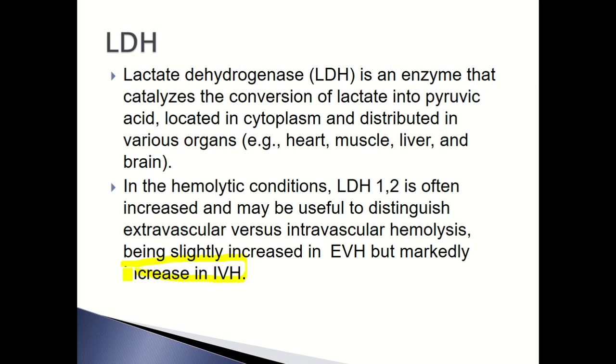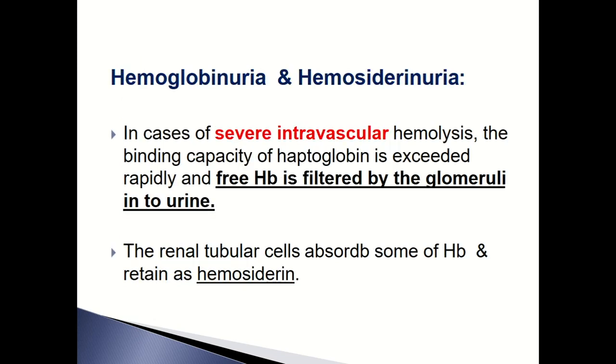So that is LDH. Some other constant findings are hemoglobinuria, because in case of severe intravascular hemolysis, hemoglobin is excreted de novo, like free Hb is filtered by the glomeruli into the urine, and sometimes the renal tubular cells absorb the iron and produce hemosiderin.